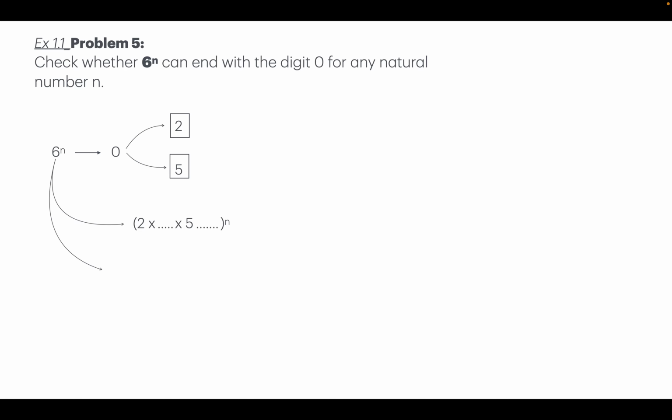But now the number 6 can be expressed as 2 times 3 as the product of primes. 2 and 3 are primes, and by the fundamental theorem of arithmetic, you know that you can express a number as the product of primes in a unique way. That means there is only one way to express a number as the product of primes, as long as you are putting it in an order.